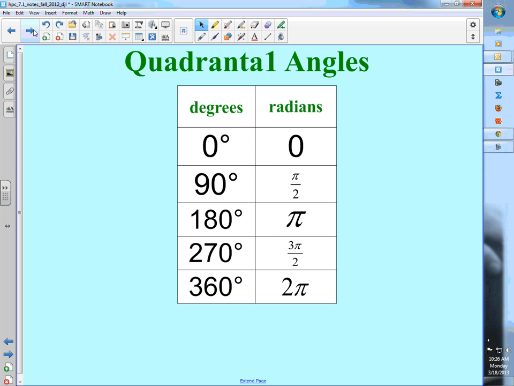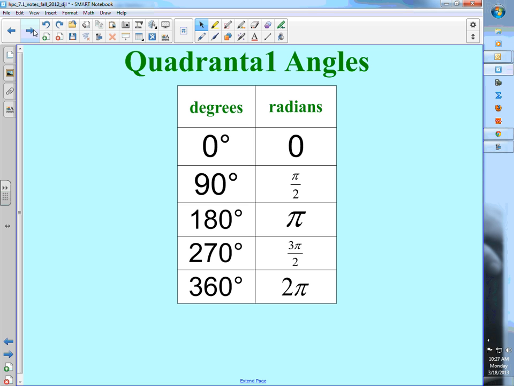These angles are your quadrantal angles. So in degrees on the left and in radians on the right. These are the angles you want to be most intimately familiar with: 0, 90, 180, 270, and 360.